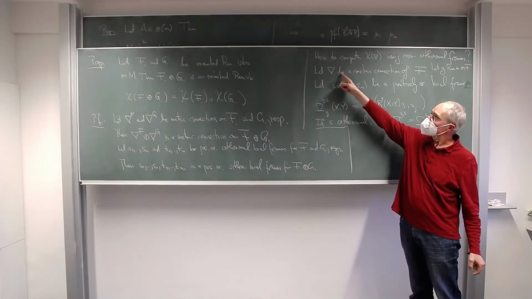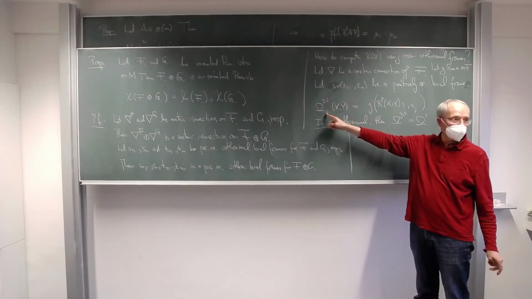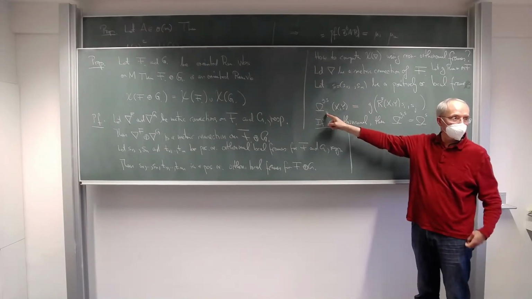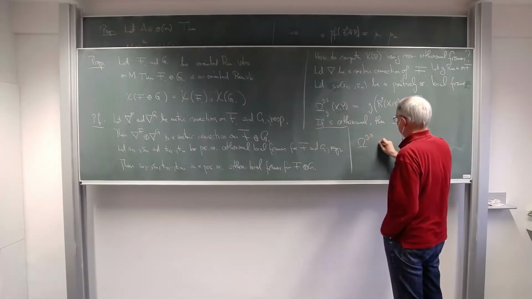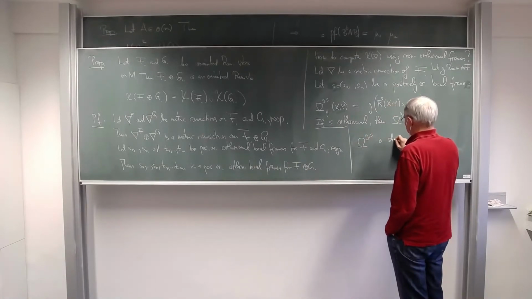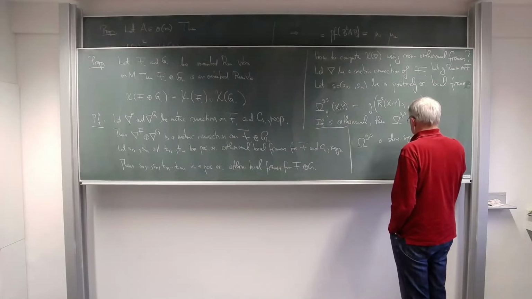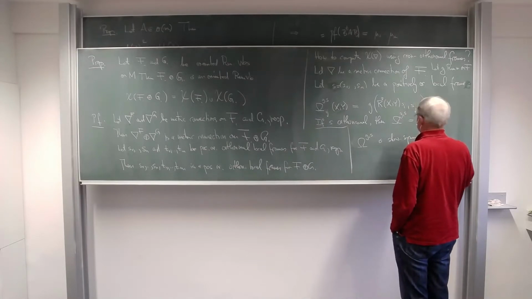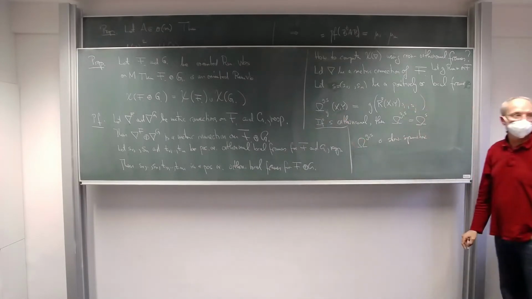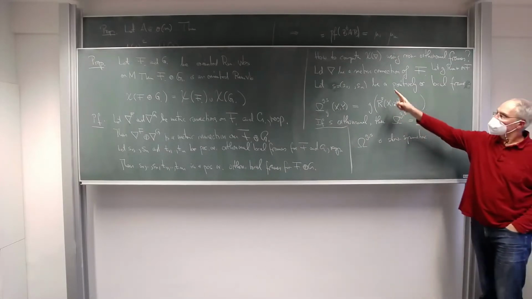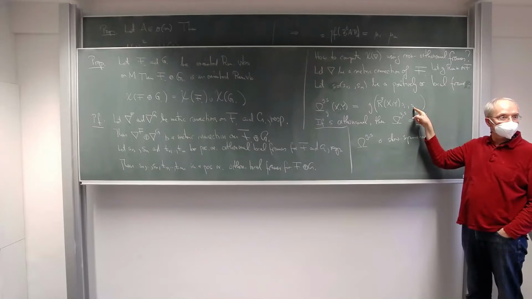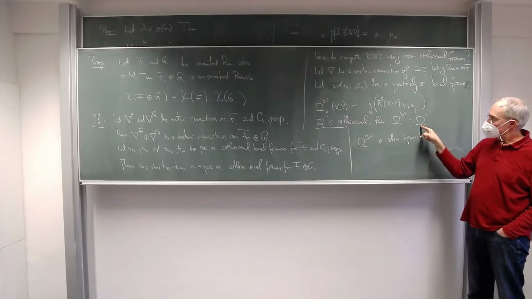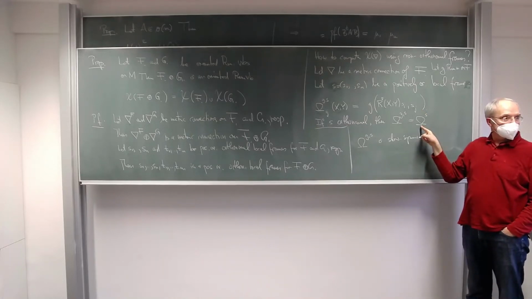So if this is a metric connection, then this will always be skew-symmetric in I and J. So omega G S is skew-symmetric as a matrix of two-forms. Because for a metric connection, the curvature tensor is skew-symmetric in these two slots. Whereas this matrix here is in general, for non-orthonormal frames, not skew-symmetric.